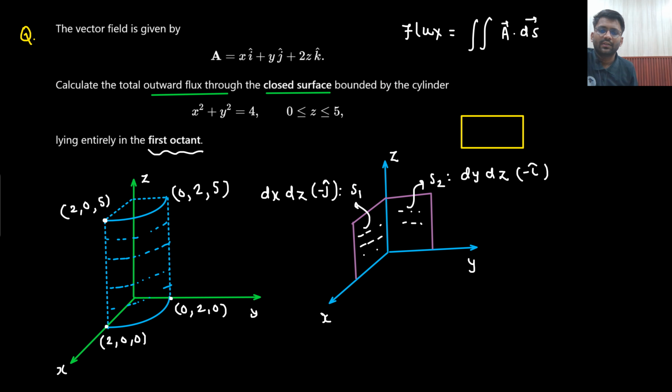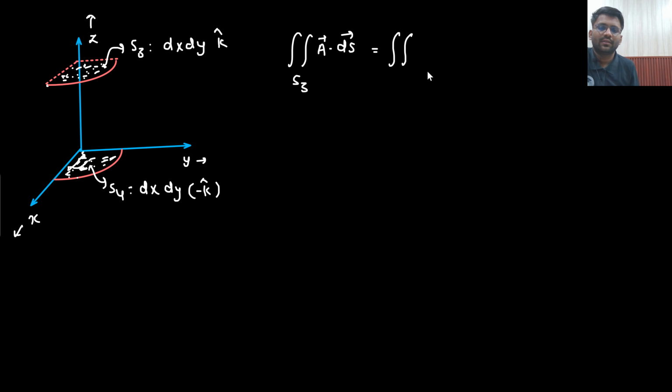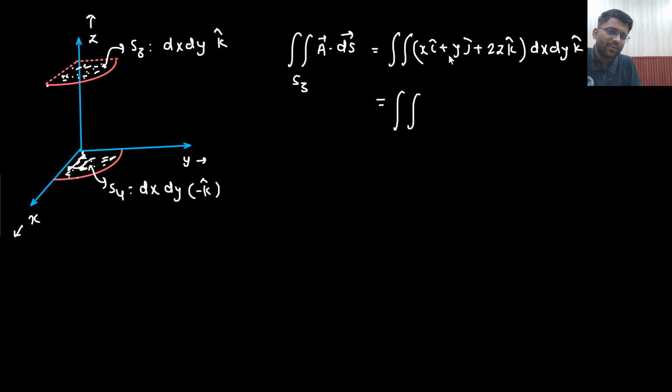What is the value of A? x i cap plus y j cap plus 2z k cap. For S3, what is my surface area vector? It is dx dy k cap, right? So what are you getting? i cap dot k cap will be 0, j cap dot k cap will be 0, k cap dot k cap will be 1. So 2z dx dy. This is what we are getting.